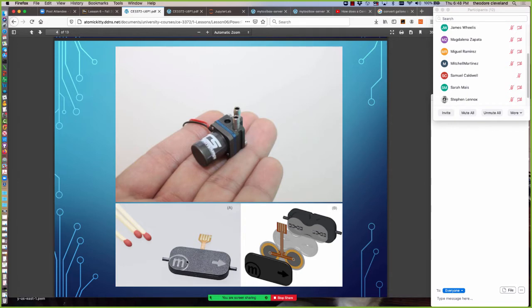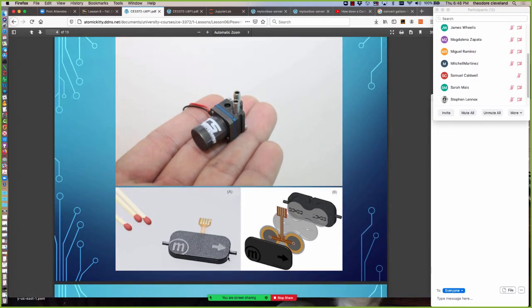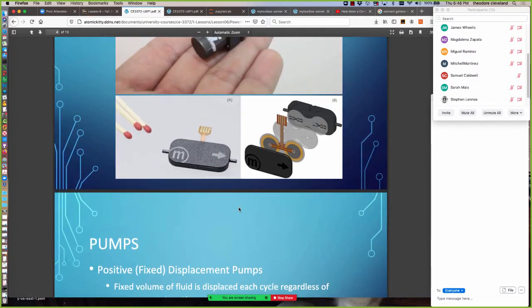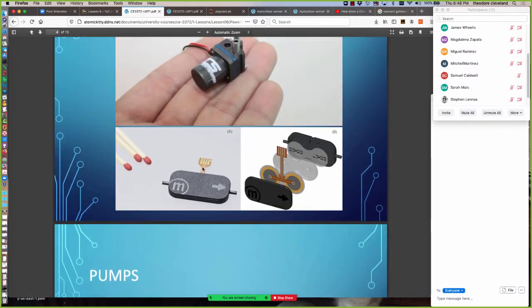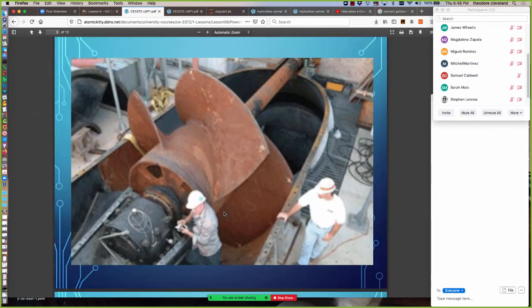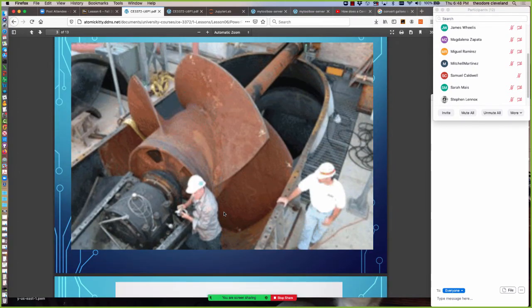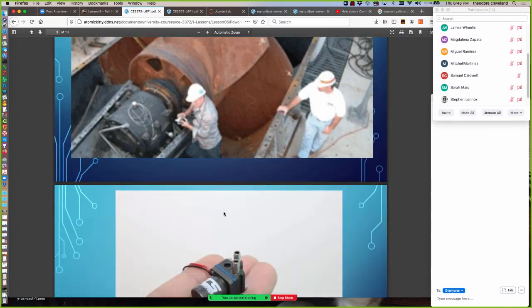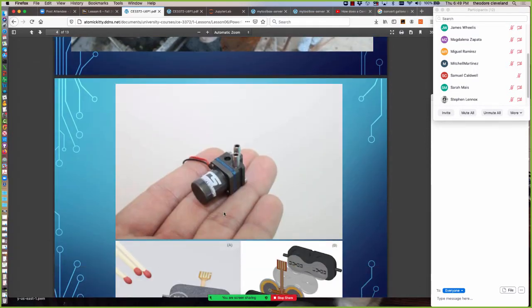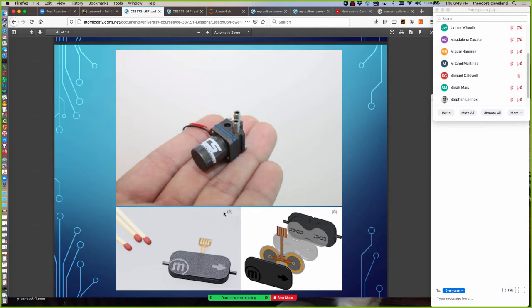The cavity would come in. It would change voltage polarity and push it to the next cavity, change polarity again, and that would push it out of the pump. Very small. So small, big. They obviously move different quantities of fluid, but the conceptual operating principle is the same for either one.